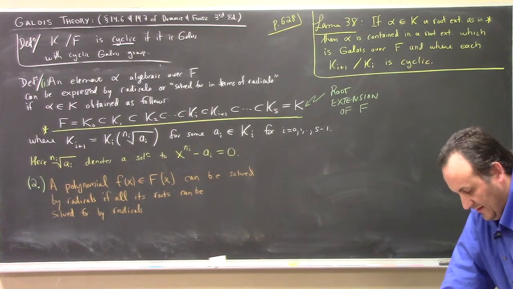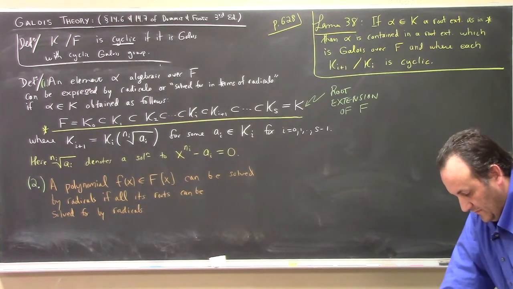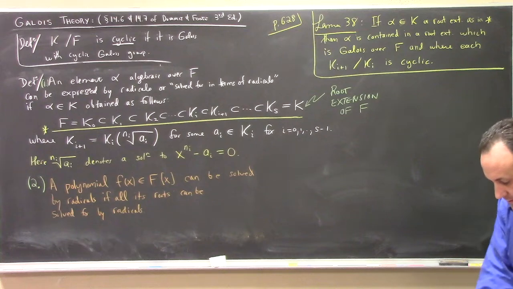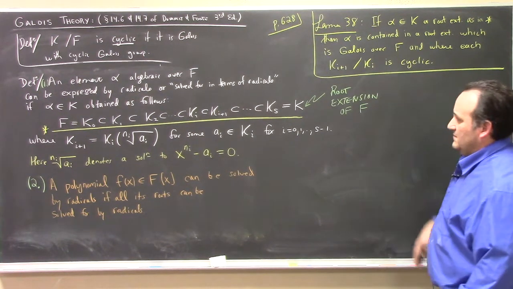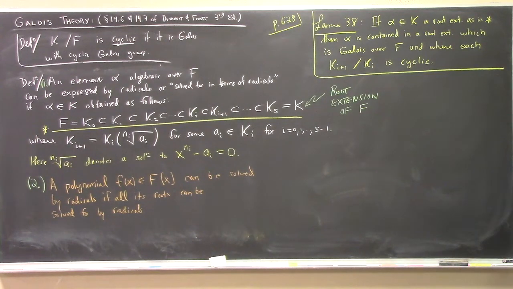So let me sketch the proof of this. Basically, you're given star, and the trouble is you can't quite use the thing I erased because you don't have nth roots of unity. But there are a couple of things you can go on.